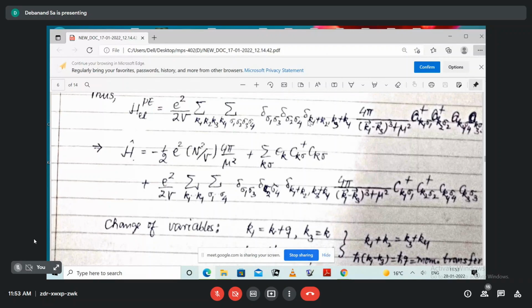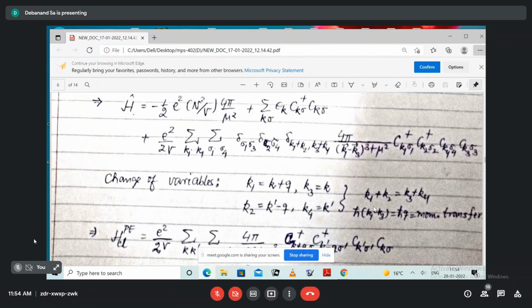So if you change the variable to k1 equal to k plus q and k3 equal to k, because this is the two-body interaction, there has to be something like a momentum transfer or wave vector transfer. So we have to figure it out by writing it in a proper way. So change the variables. I did it like this, k1 and k2 and k3 and k4, so that k1 plus k2 equals k3 plus k4.